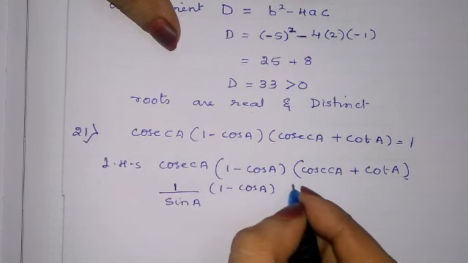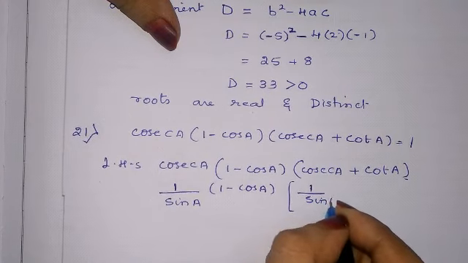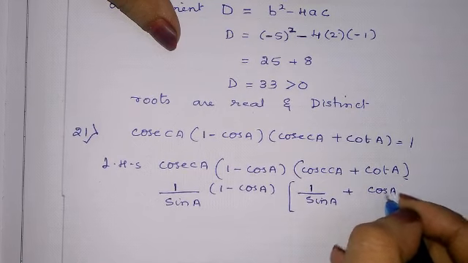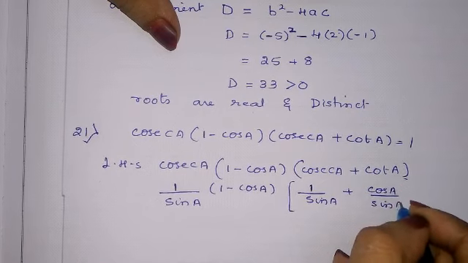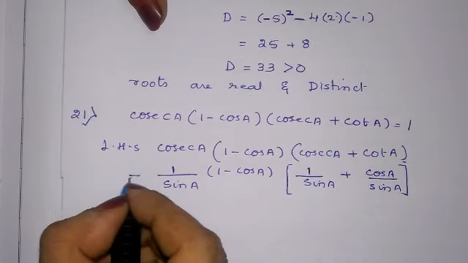Here cosec is 1 by sine, cot is cos by sine. We know all these identities. To solve this problem we should know all these identities by heart.